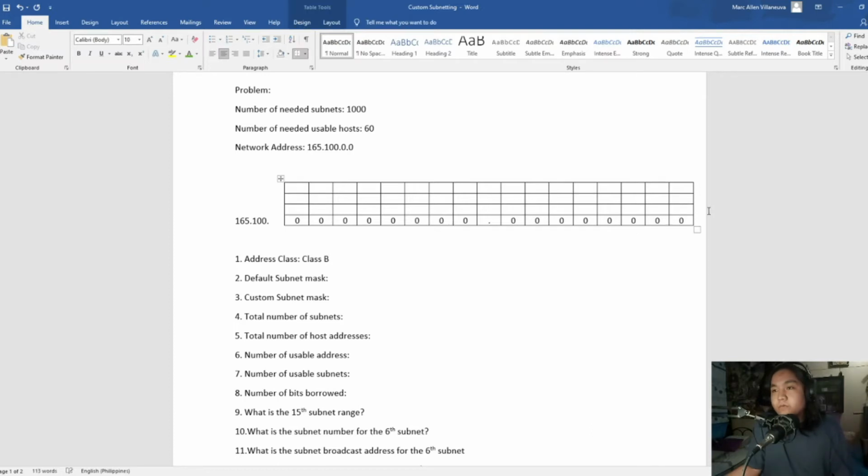So now we're going to write the decimal value. We're going to make it something like, let's say, blue. So the decimal value is here: 1, 2, 4, 8, 16, 32, 64, and 128.